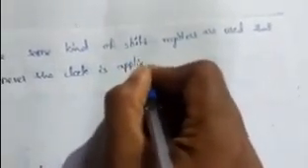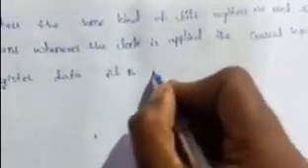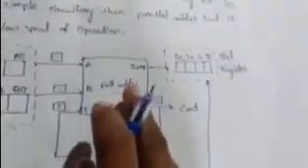That means whenever the clock is applied, the current input register data A and B will be shifted towards the right side, and parallelly the sum register data will also be shifted towards the right side to get a new result bit into the sum register.